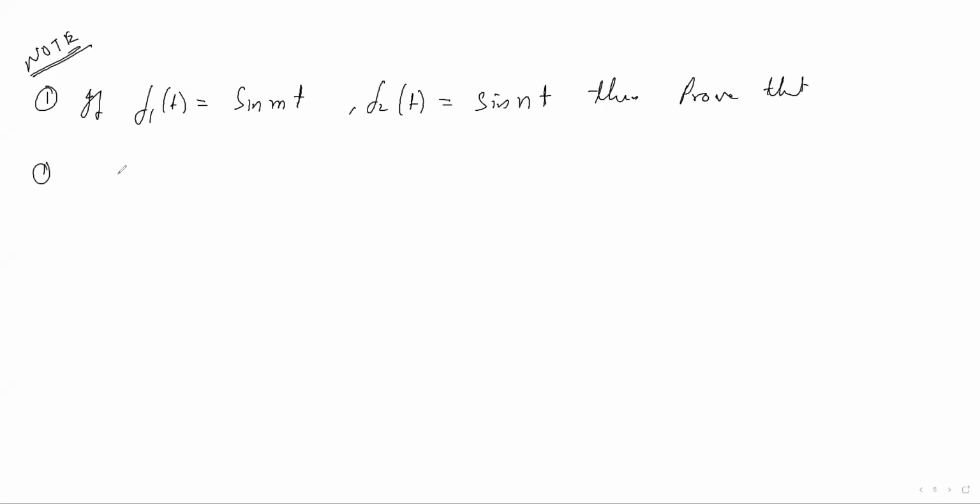First, prove that if m equals n, then f1(t) and f2(t) are not orthogonal.